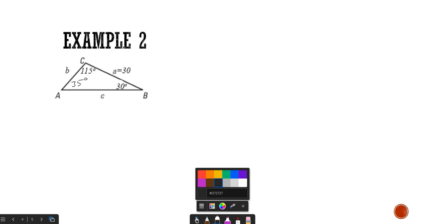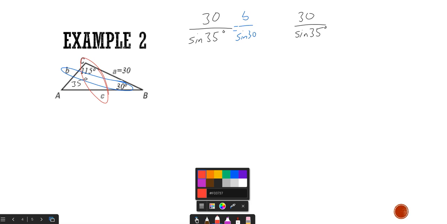So we're starting with our base ratio of 30 to sine of 35 degrees. Now our possibilities are going to be B over sine 30, or C over sine of 115.